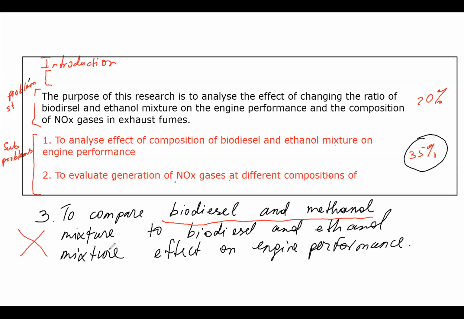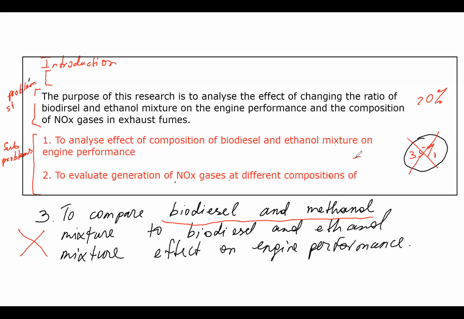So if I notice that your problem statement says one thing and your sub-problems are saying another thing, you are again not getting your 35, which means you don't understand what a research sub-problem is. While you are doing your research, sometimes these things happen. Sometimes what you set up did not work.